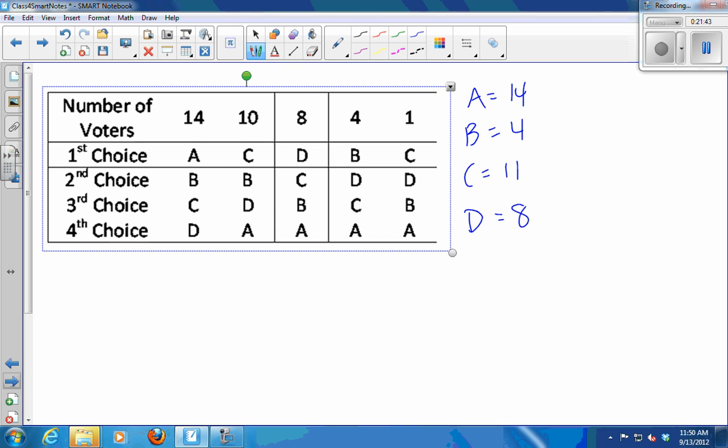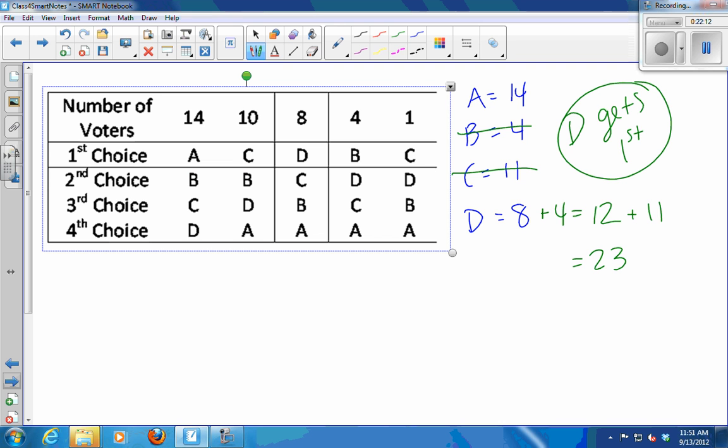No one has a majority because it takes 19 for a majority, so I'm going to eliminate B and give B's votes to D. No one has a majority, so I eliminate C. C's votes are going to go to D. Plus 11 is 23, so D gets first. D wins using plurality with elimination.